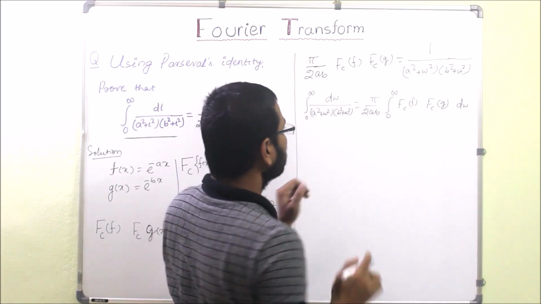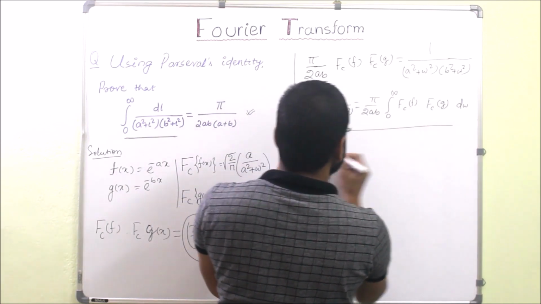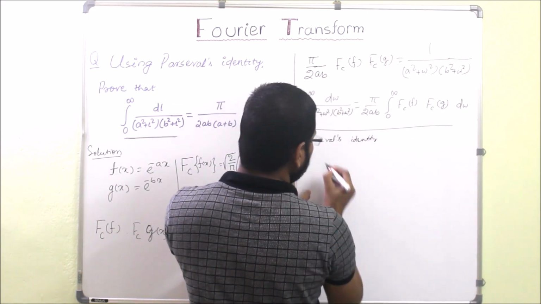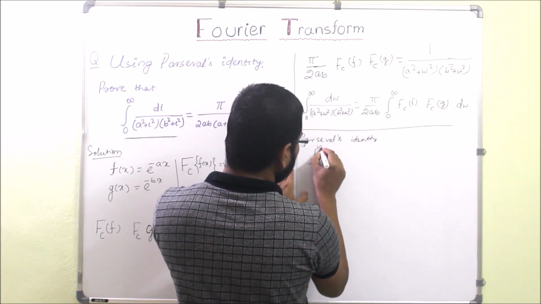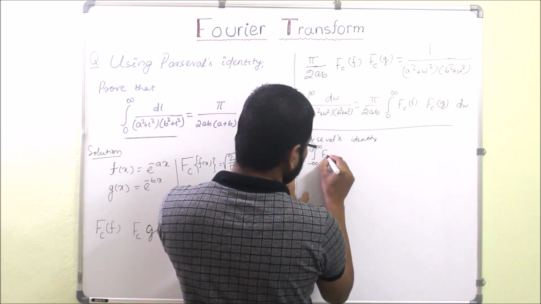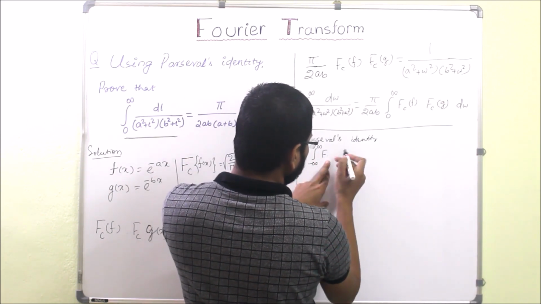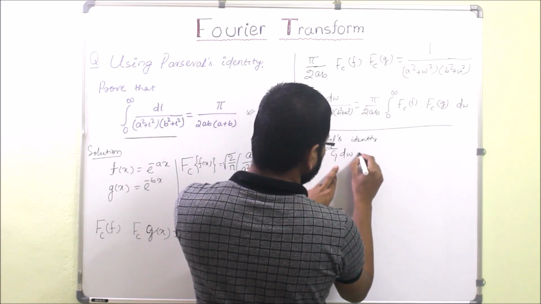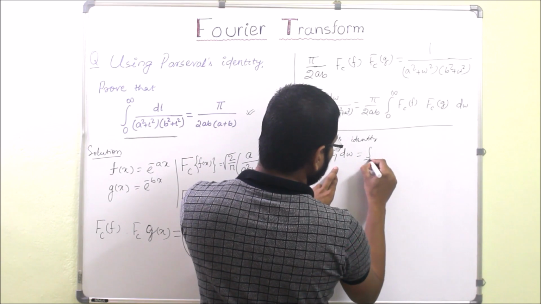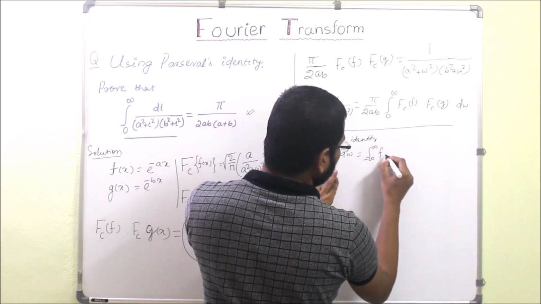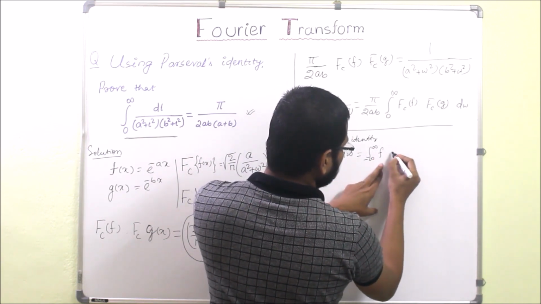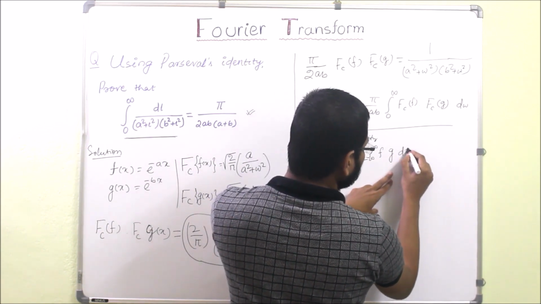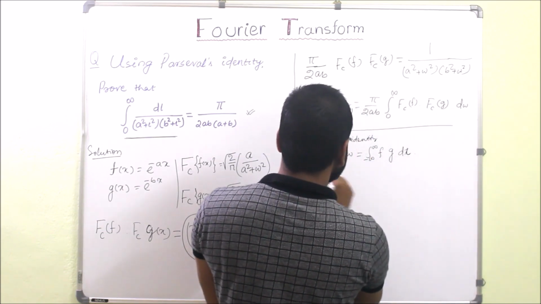Now what does the Parseval identity say? Parseval identity says that the integration from minus infinity to infinity of the function F and G bar dw equals the integration from minus infinity to infinity of f of x and g of x dx. So this we have to use.